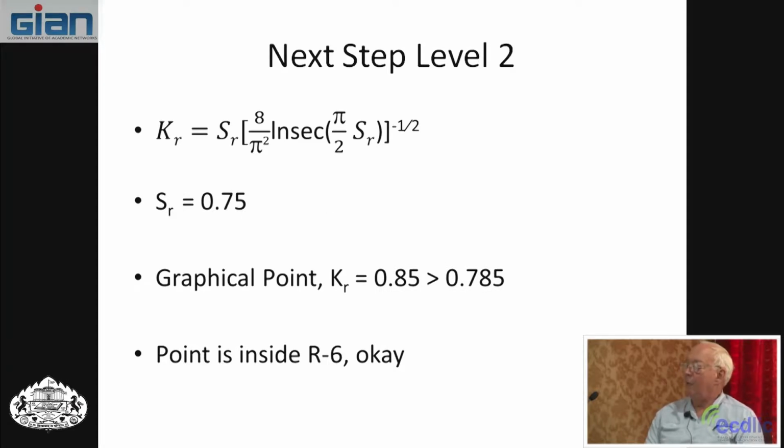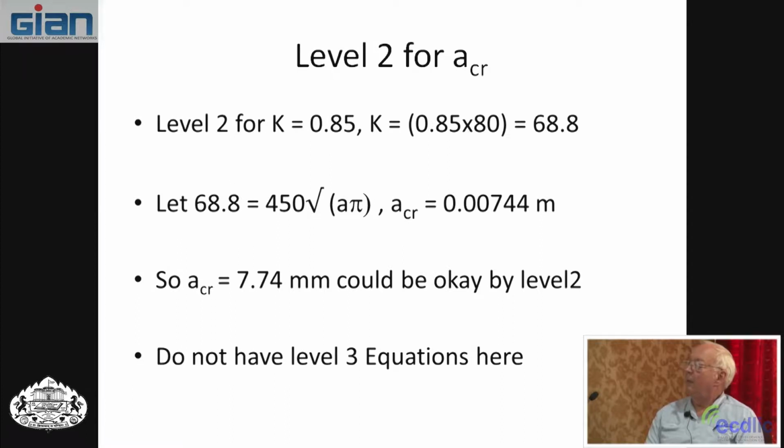The graphical point has a K ratio of 0.85, and it's less than this value here, which for level 2, when the stress ratio is 0.75, K was 68.8.